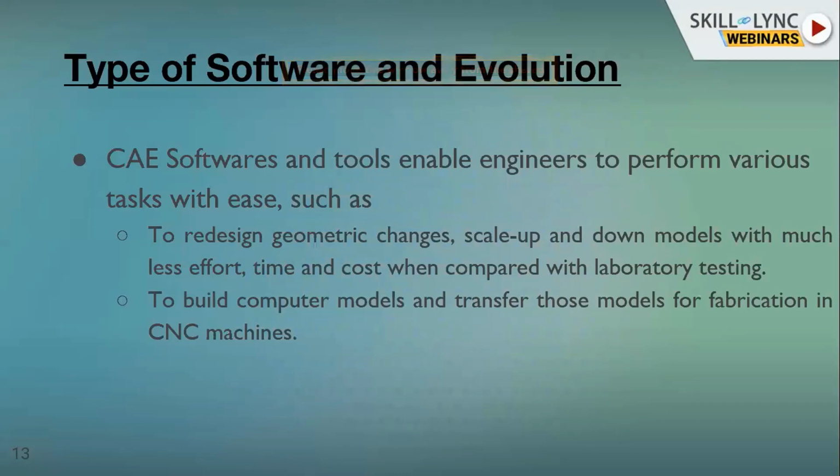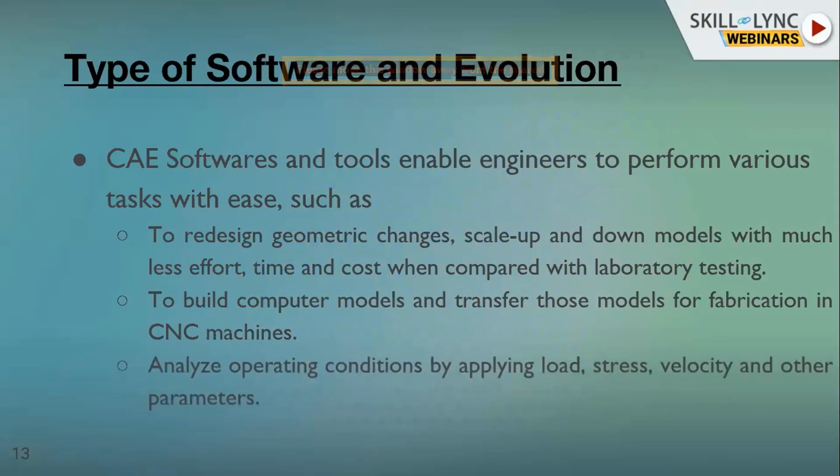Next, you can build computer models to transfer for fabrication in CNC machines. Any prototype developed in the CAD model in CAE software can easily be fabricated nowadays in CNC machines, and 3D printing machines have also come into the picture. Next, you can analyze operating conditions on a particular geometry to get load, stress, velocity, and other parameters.